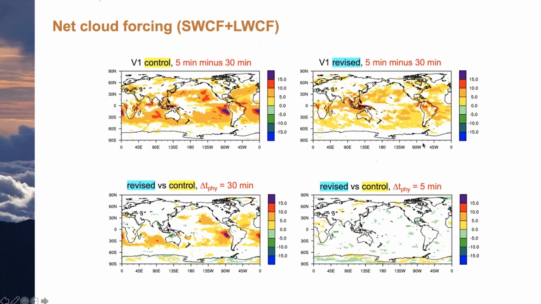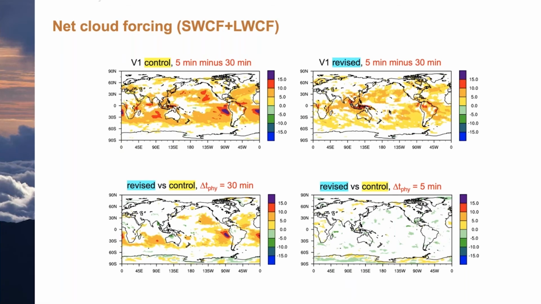Although after our revision, there is still some time step sensitivity left. And from our previous experience, we know that these have to do with the step sizes used by CLUBB and MG2, the subcycles, and also high clouds, especially deep convection and cloud microphysics, also contribute a little bit to this signal.